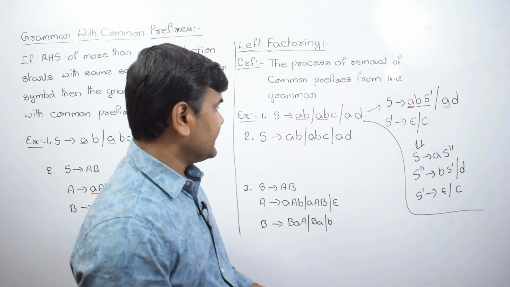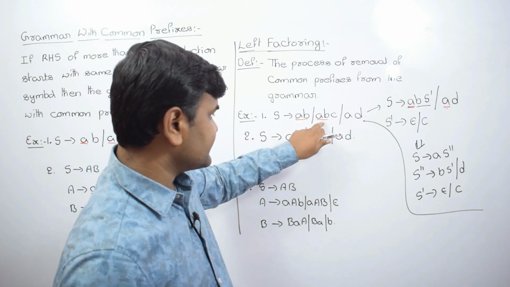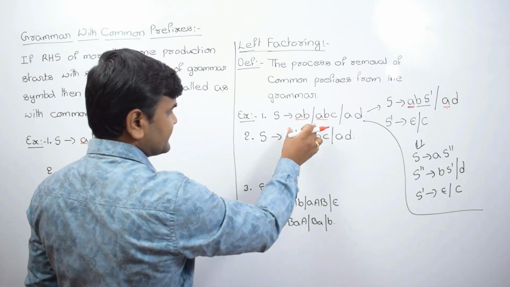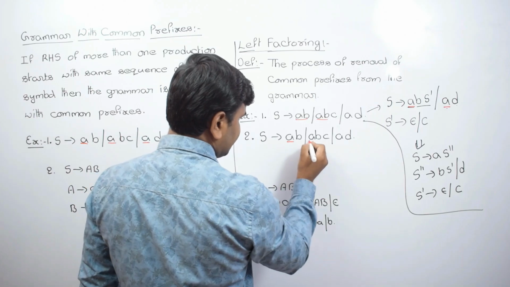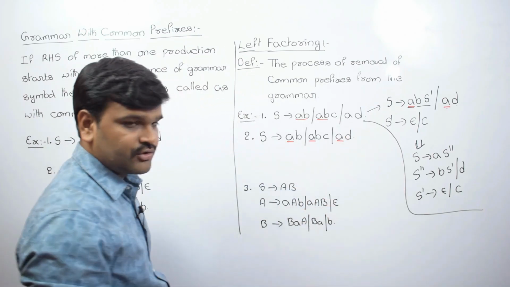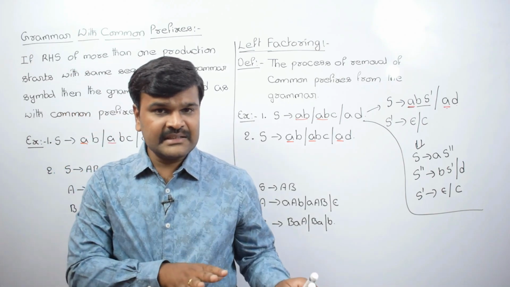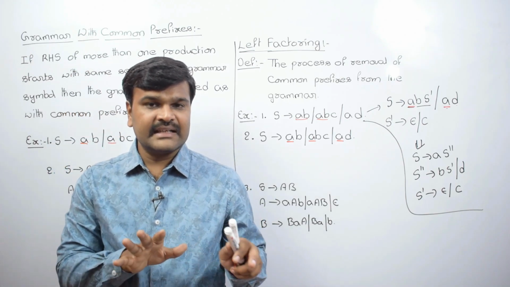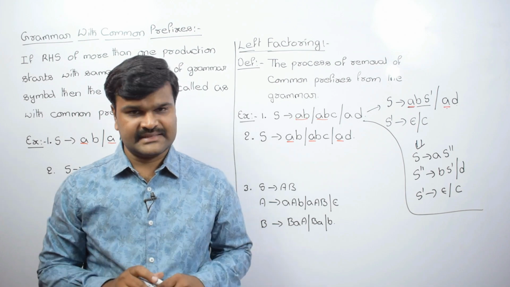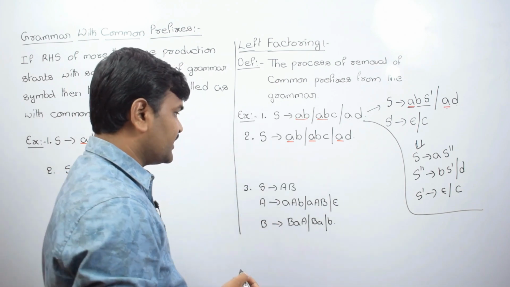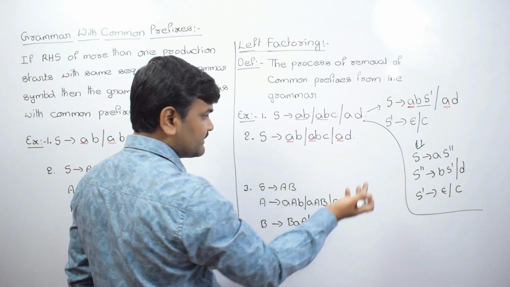But here you need not always take the same AB. In the same example, you can take A as the common prefix also. Ultimately, without changing the meaning, you should get the grammar without common prefixes. So we take a as the common prefix.